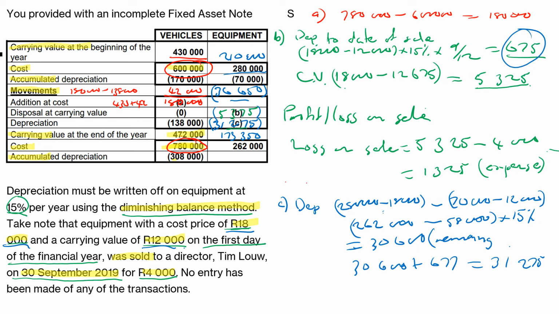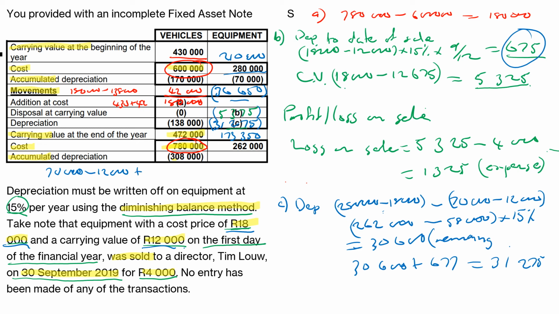You can calculate it using this, which is simple, but if you want to start the other way around, you can do it whereby we have the accumulated depreciation at the beginning, 70,000, then we remove the 12,000 of the disposed of equipment.